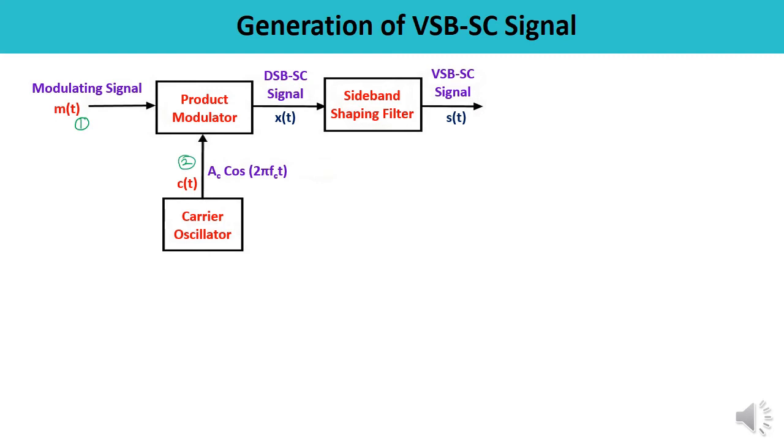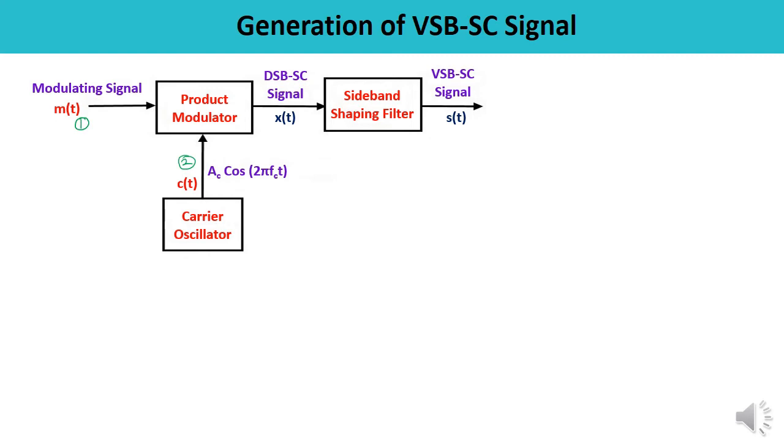The product modulator multiplies these two signals and produces at the output a double sideband suppressed carrier signal, and then this DSB-SC signal is applied to a sideband shaping filter, and at the output you will get the VSB-SC signal.